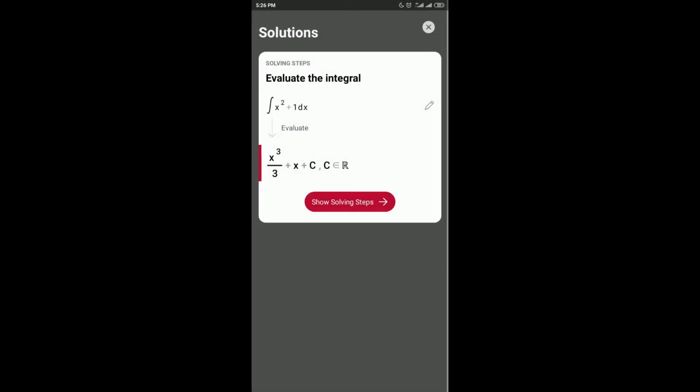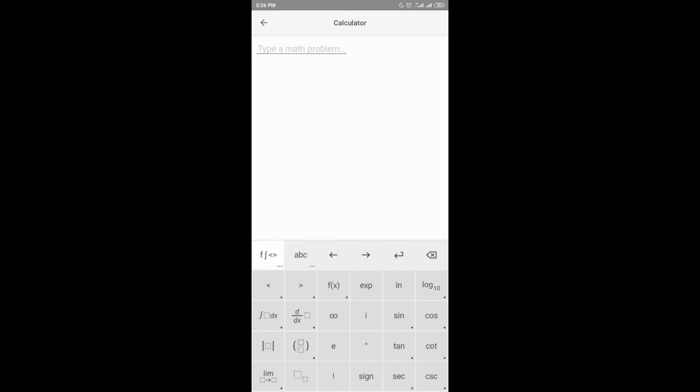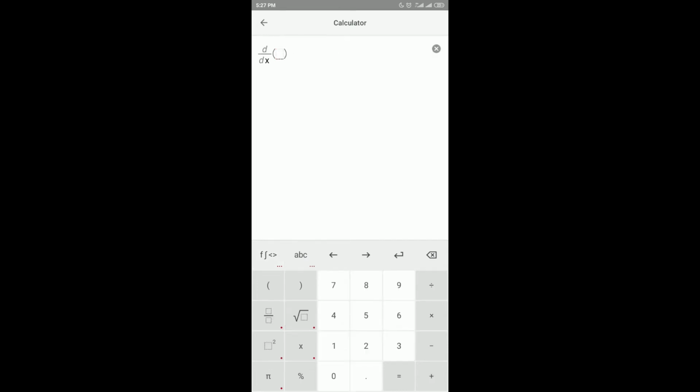Next, we can also use this for differentiation. You just press d over dx, the empty box right here, and type in whatever equation you want to solve.